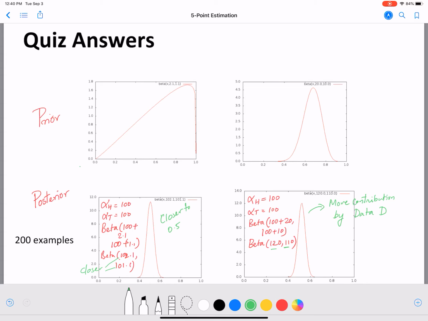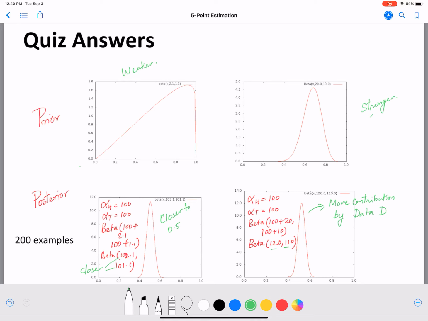So that's why we have the concept of a stronger prior. A stronger prior can overrule data and can have more effect on the posterior than a weaker prior. But even a stronger prior can be completely ignored if we have more and more data.